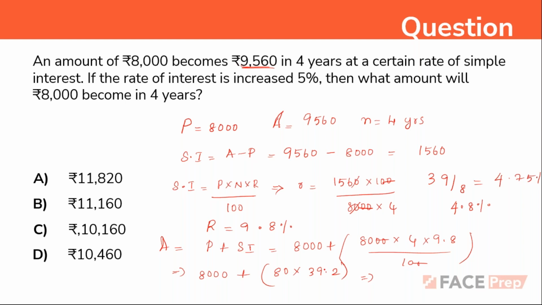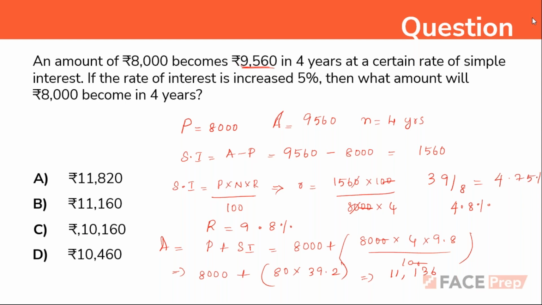We can compensate the 0 with this decimal part. So 80 into 39.2, we are getting 3,136. In addition to that, you will be adding this 8,000. Hence, my answer is going to be 11,136.